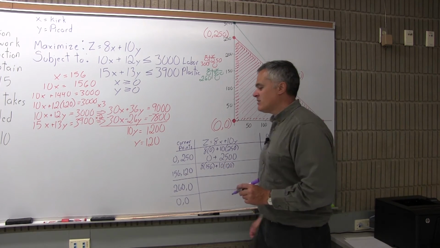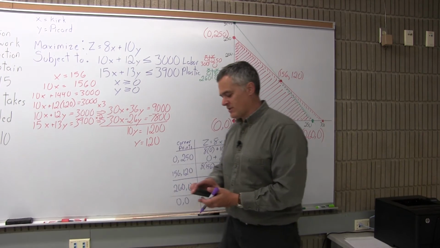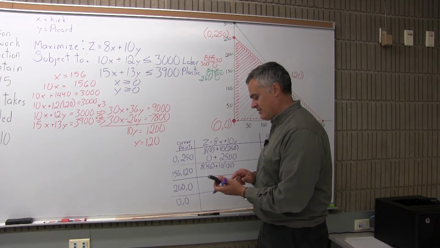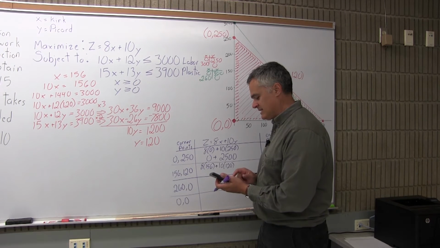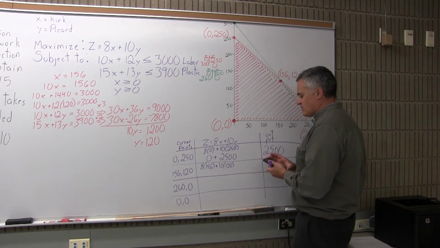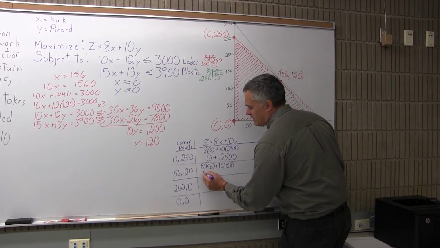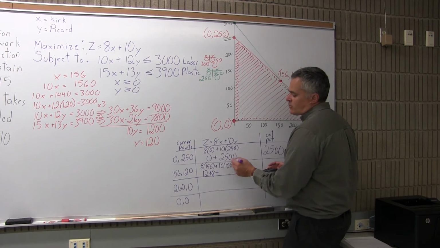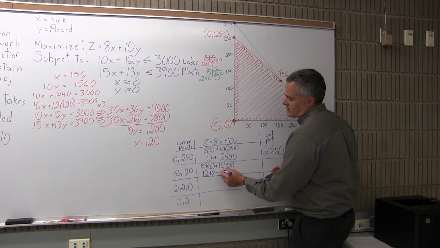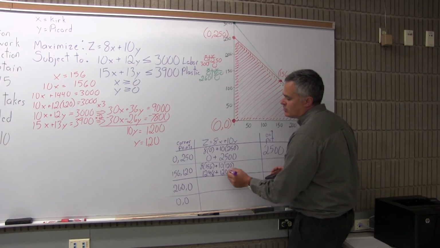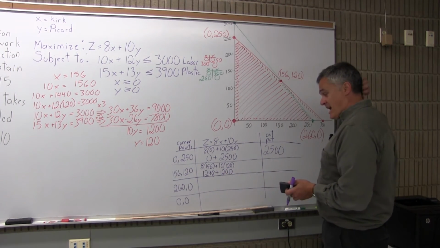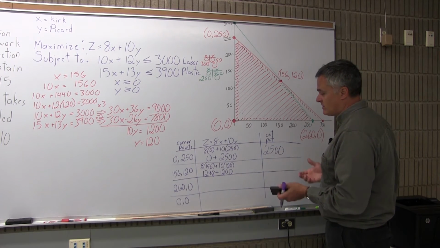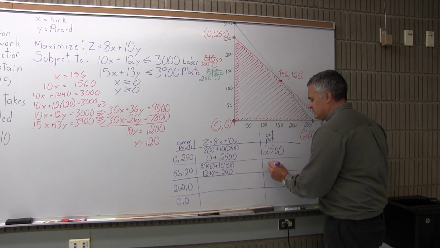Now 8 times 156, if I really had to, I could figure it out without the calculator, but it's just so much easier this way. 8 times 156 equals, the answer I get is 1,248. 120 times 10, the times 10 is going to put another 0 on it, so it becomes 1,200. And now if I add 1,248 plus 1,200, it's going to be 2,448.